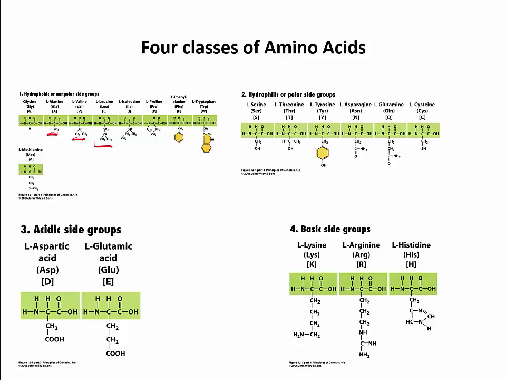It is my intention, however, that you know that there are 4 different classes of amino acids, and that type of class of amino acid is going to dictate ultimately how that amino acid will fold, interact, and eventually structure and function. So we have our hydrophobic amino acids here for number 1, our hydrophilic amino acids here for number 2, acidic, and basic.